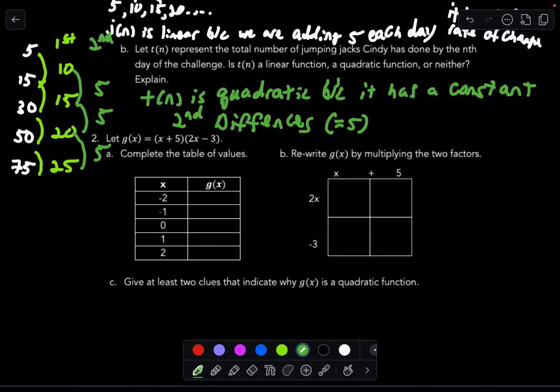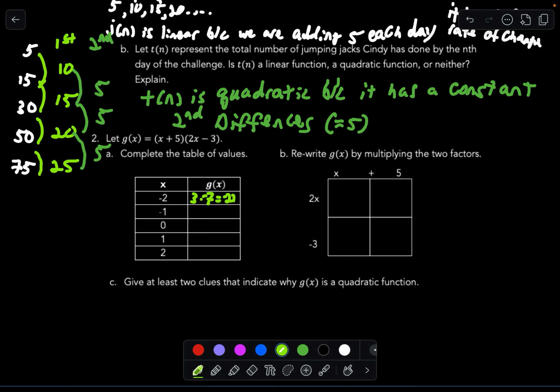All right, they say complete the table of values. If x is negative 2, negative 2 plus 5 is 3, times 2 times negative 2 is negative 4 minus 3 is negative 7. That equals negative 21.